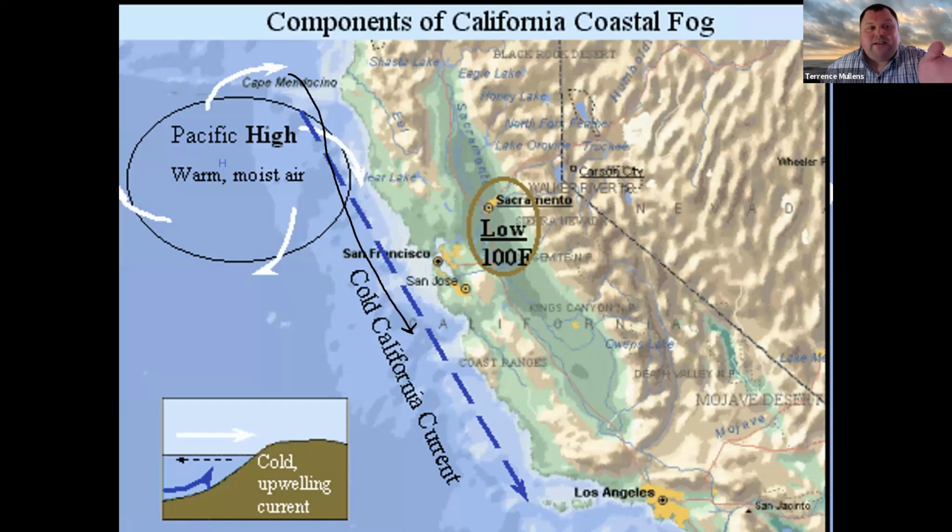Almost perfectly parallel. And what that does is that when you have winds that are blowing perfectly parallel to a coastline, they almost kind of skim into the water and they force that very, very top layer of water offshore. So warmer surface waters are actually forced offshore.